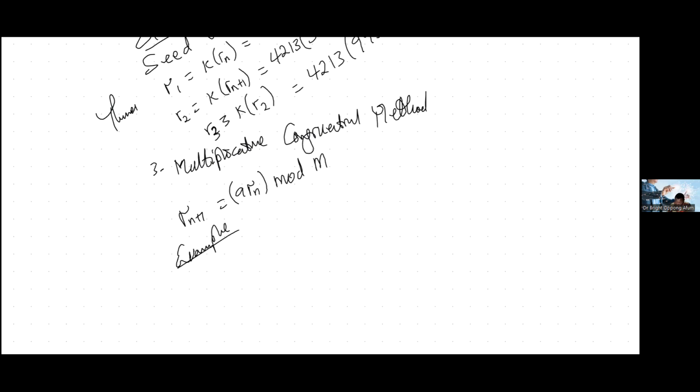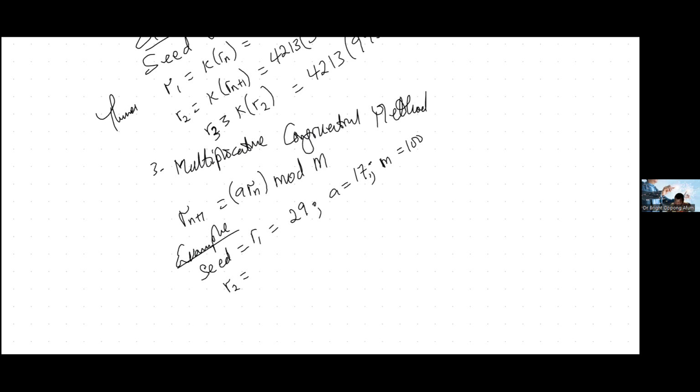where the seed, remember the seed is R1, the first random number. So the seed is 29, A is 17, and modular is 100. So R2, the second random number, is actually A times R1.